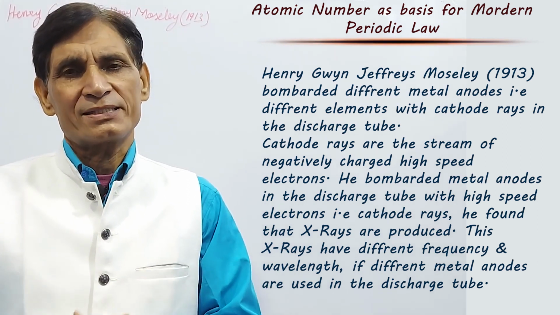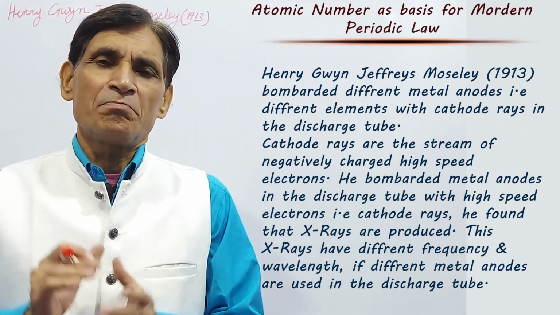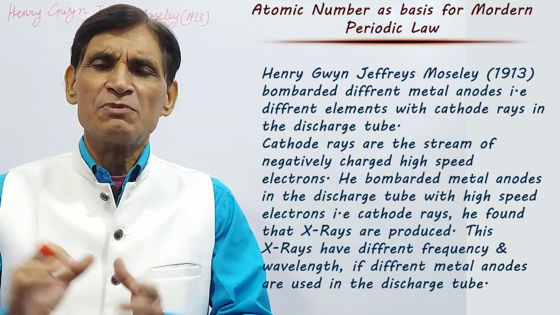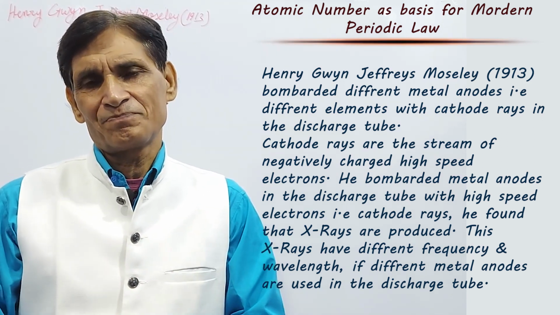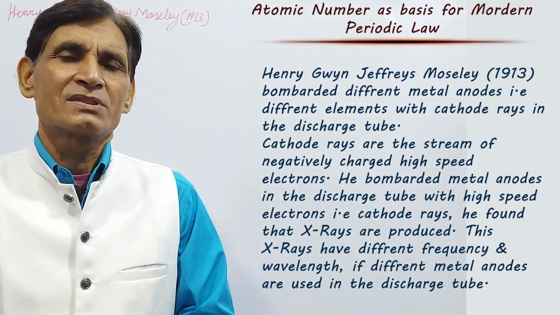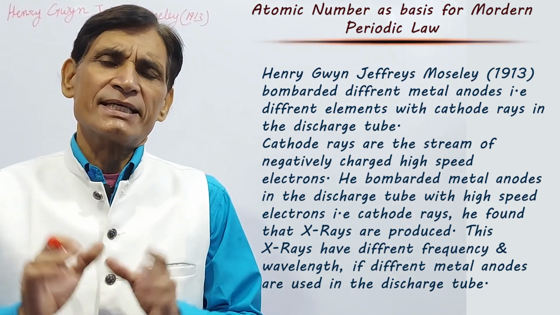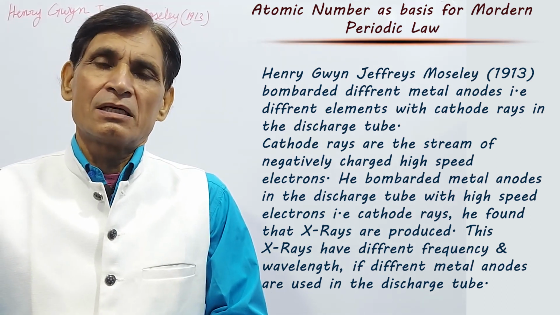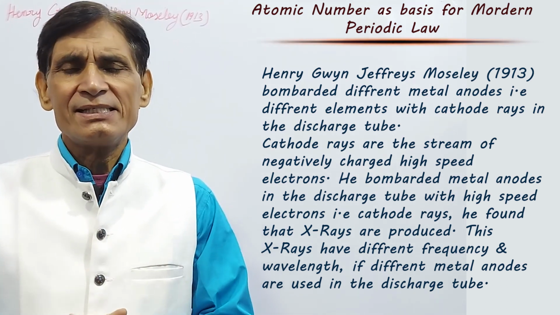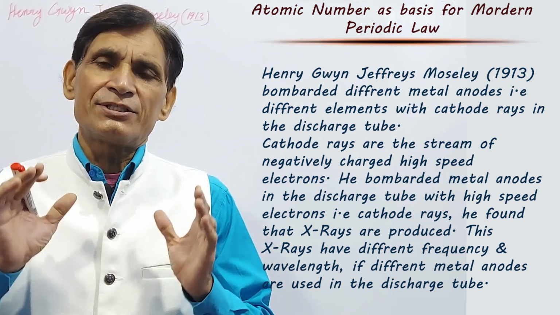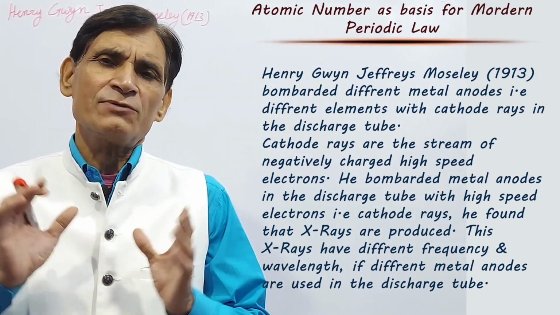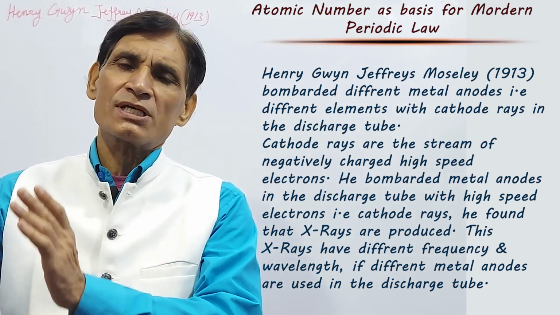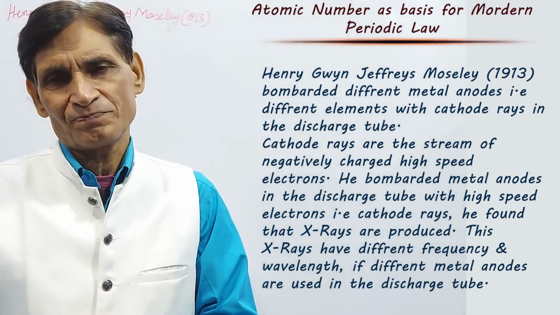When he bombarded the metal anodes in the discharge tube with these high speed electrons, he found that X-rays are produced, and these X-rays have different frequency or different wavelength if different metal anodes are used in the discharge tube.